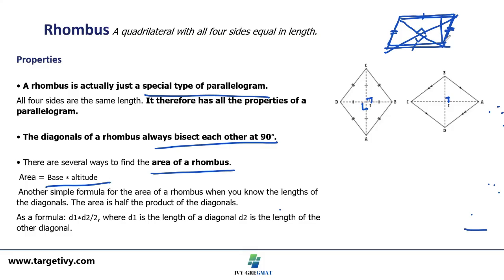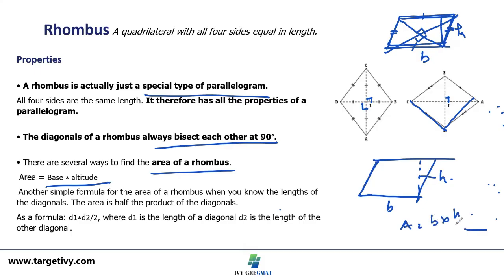So it's basically a parallelogram where there is a base and there is a height. So if I take this as the base and this is the height, or we can draw this rhombus again. This is the base and this is the height. So area is equal to base into height.